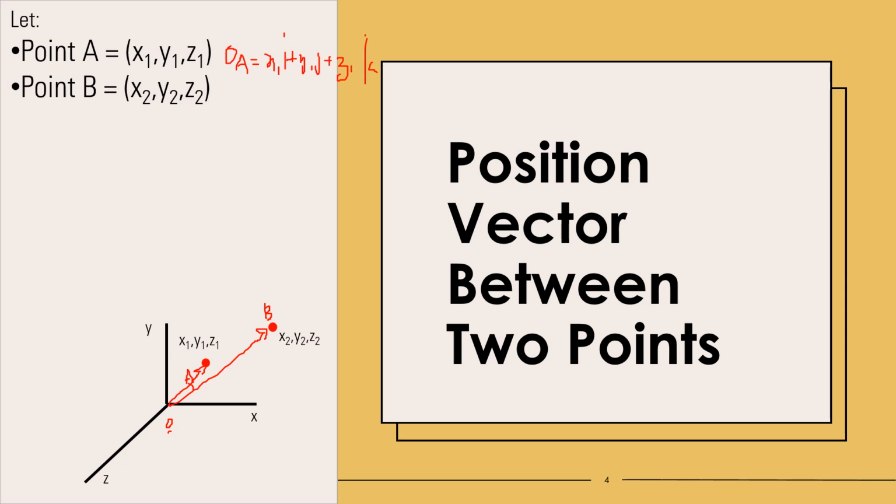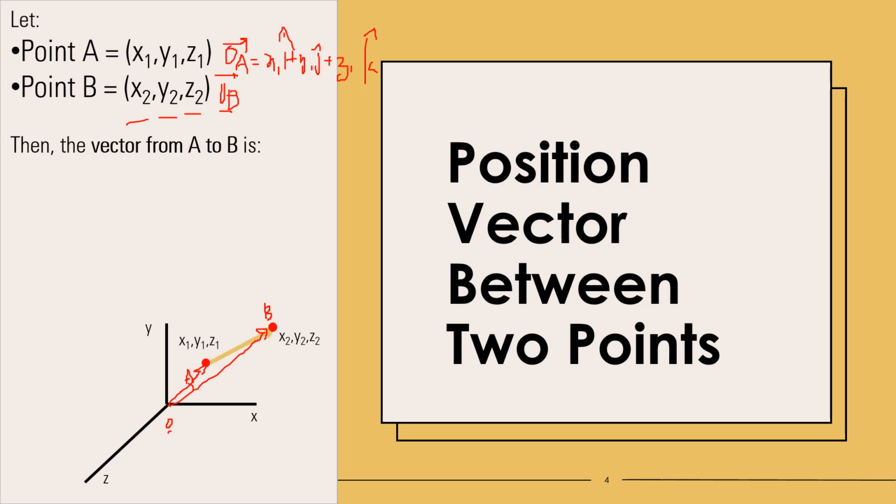Okay, make sure you add the caps on top of all the unit vectors. This is how you write the position vector OA. Similarly, you will write the position vector OB in a similar way. Just in place of x1, y1, and z1, you will have x2, y2, and z2. And that's how you will write the position vectors for point A and point B. Okay, so that's position vector OA and this is position vector OB.